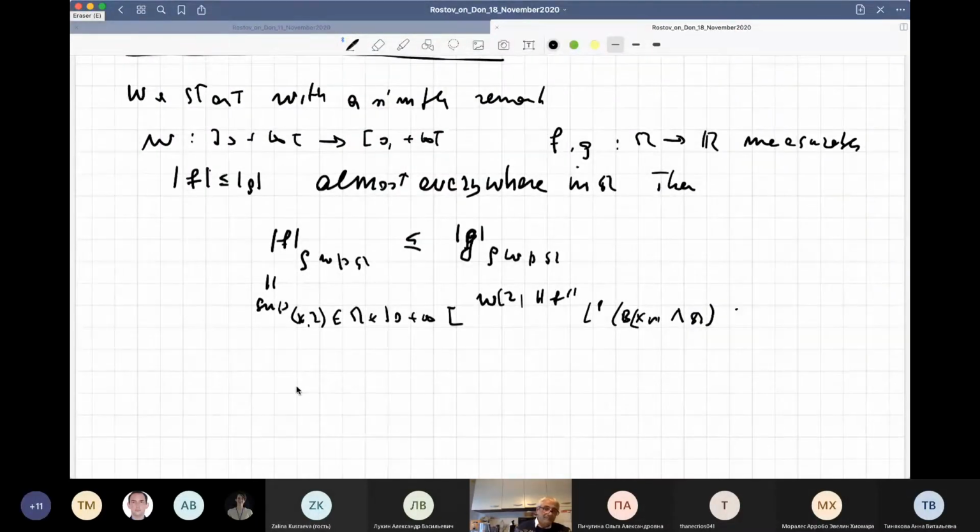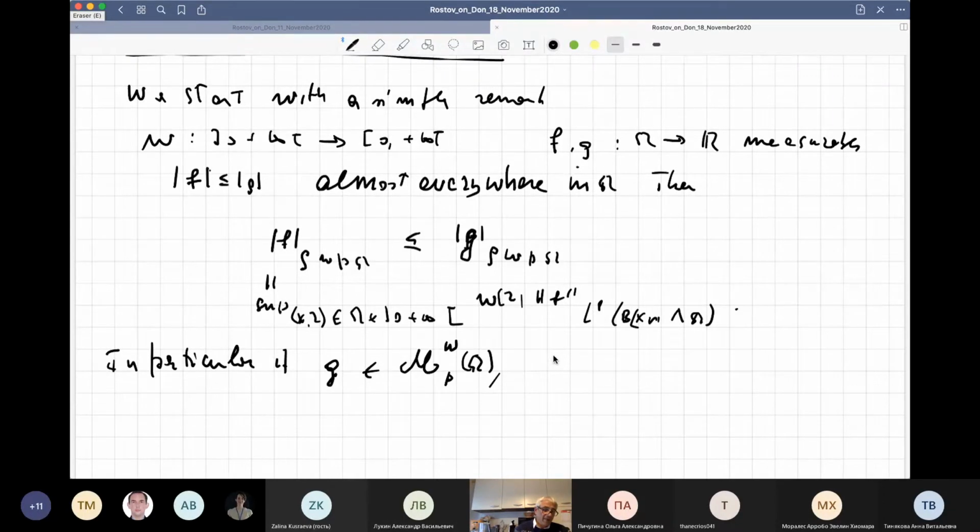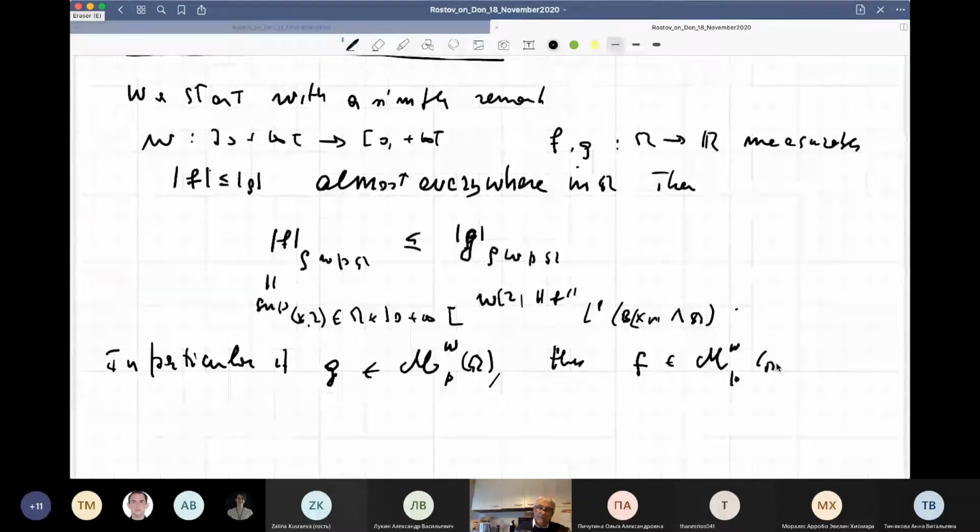In particular, if we know that g is a Morrey function, a generalized Morrey function, and f, if g is in here with this condition here, then f is in Morrey omega.